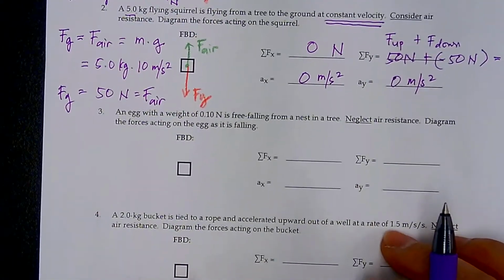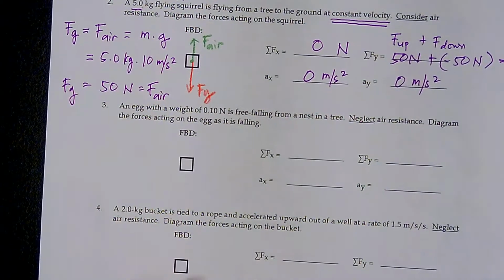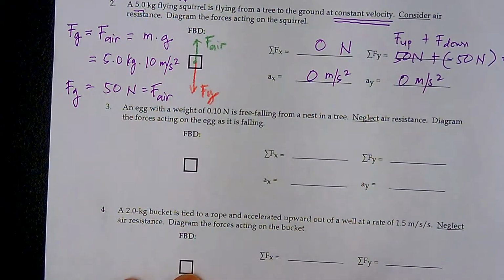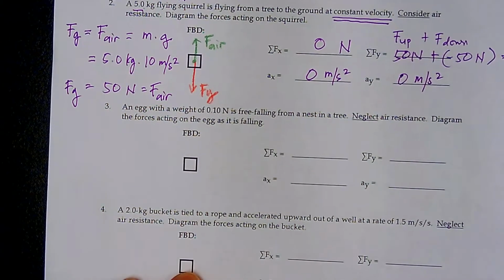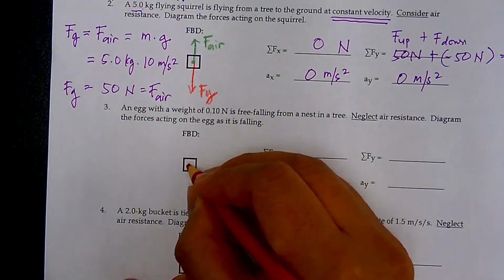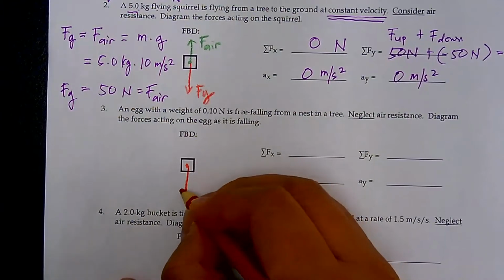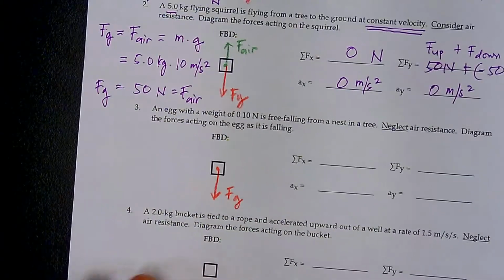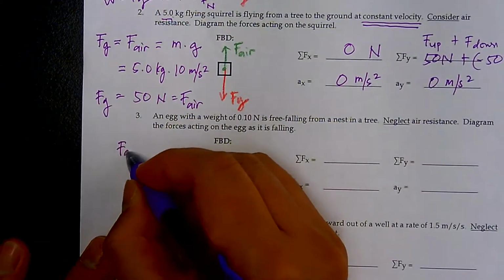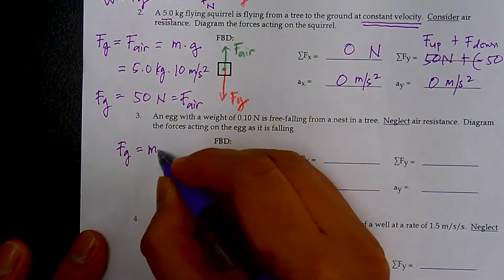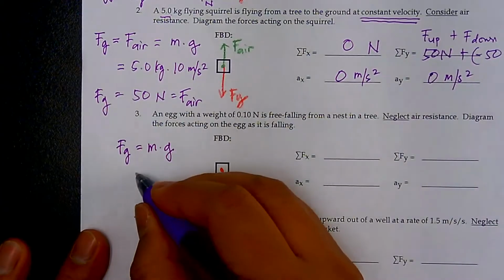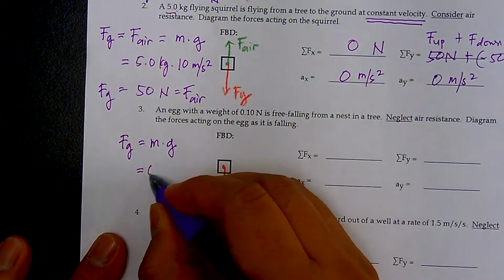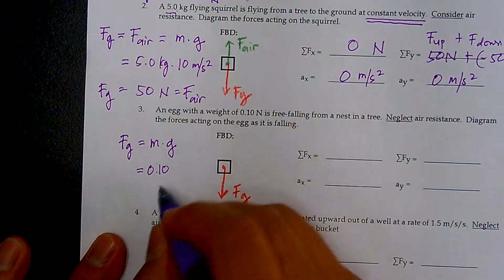Let's move to number 3. An egg with a weight of 0.10 newton is free falling from a nest in a tree. Free falling means in this case we ignore air resistance, so only the force of gravity. The force of gravity is equal to mass times g, which is 0.10 newton.